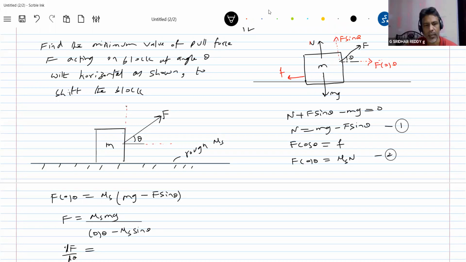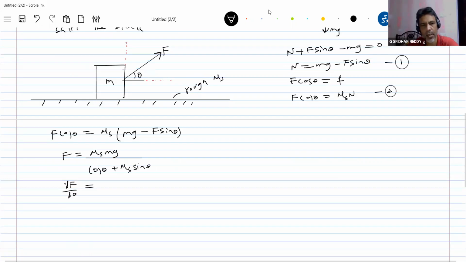Okay, that one. Yeah, this will be F cos theta. F cos theta equal to mu s N, no? Yes, sir. F cos theta is equal to mu s N, and substitute the value of N, mg minus F sine theta, and there should be the plus in the denominator.